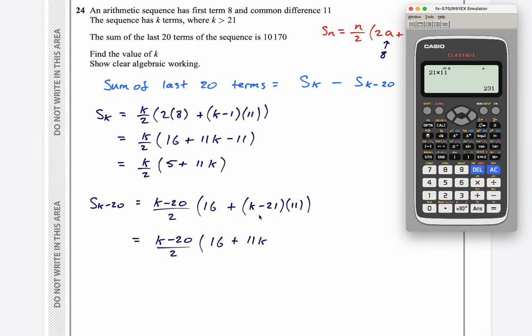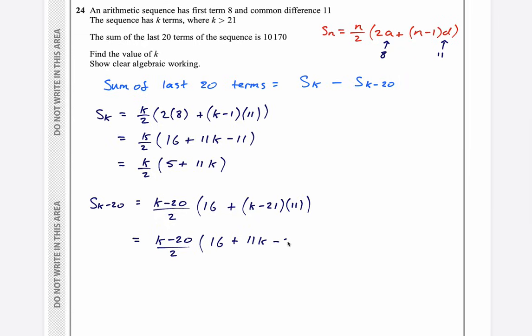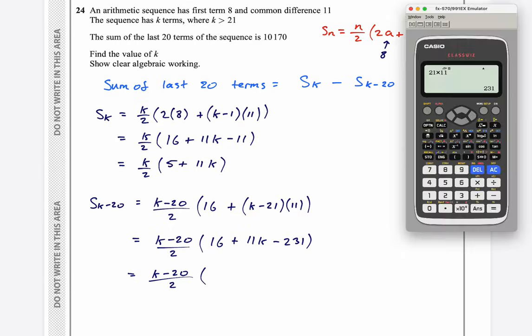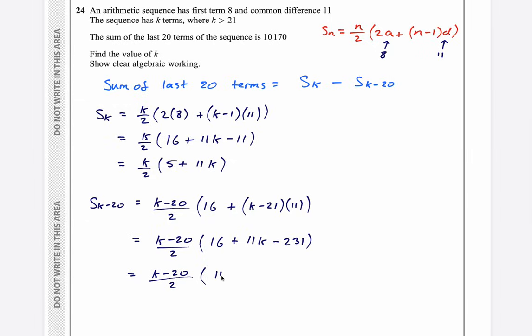So it's 11k minus 231, which is equal to k minus 20 over 2 times 16 minus 231. 16 minus 231 is minus 215. So this is 11k minus 215. Okay, now remember I said this minus this, and it equals that.